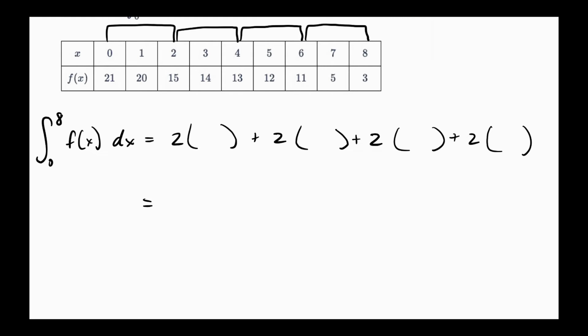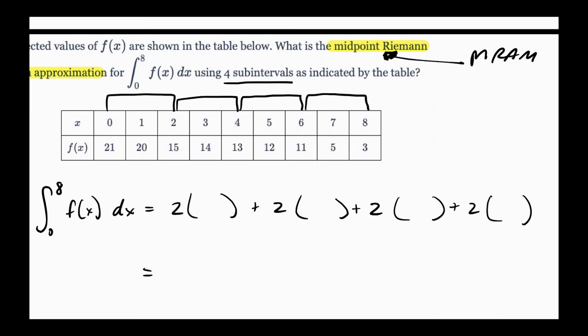First rectangle. How tall is the first rectangle going to be, and how do we know? I'll give you a hint. The first rectangle goes from 0 to 2, and it's MRAM.